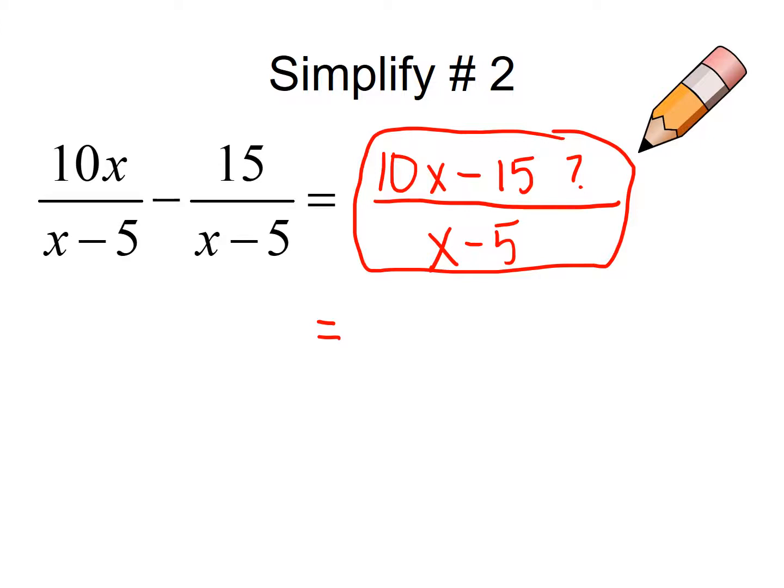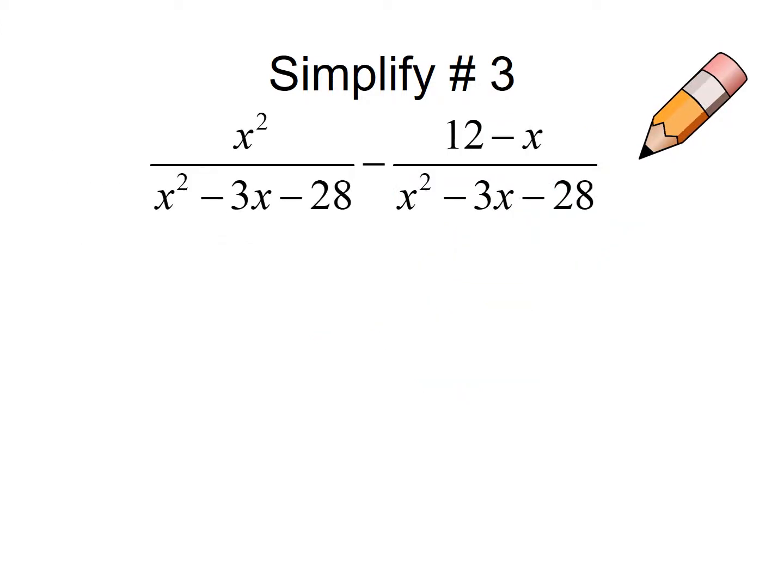So 10 and 15 have a common factor of 5. So if I take out my common factor of 5, I'm left with 2x minus 3 all over x minus 5. Oh, I thought maybe I could have factored out something so that I could slash x minus 5 over x minus 5, but I can't. So yes, 10x minus 15 is my final answer all over x minus 5.